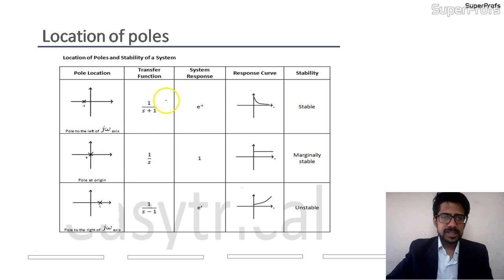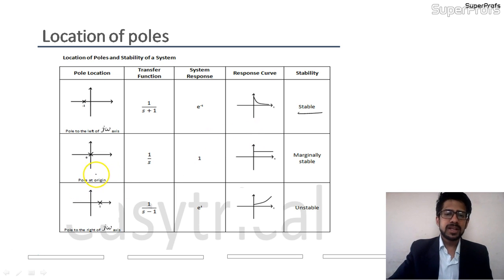As I just mentioned, if you have a transfer function 1 upon s plus 1, you have the pole on the left hand side of the S plane, and the system response is e raised to minus t, and the response curve is shown, which is decaying, is stable, because this is a bounded response.